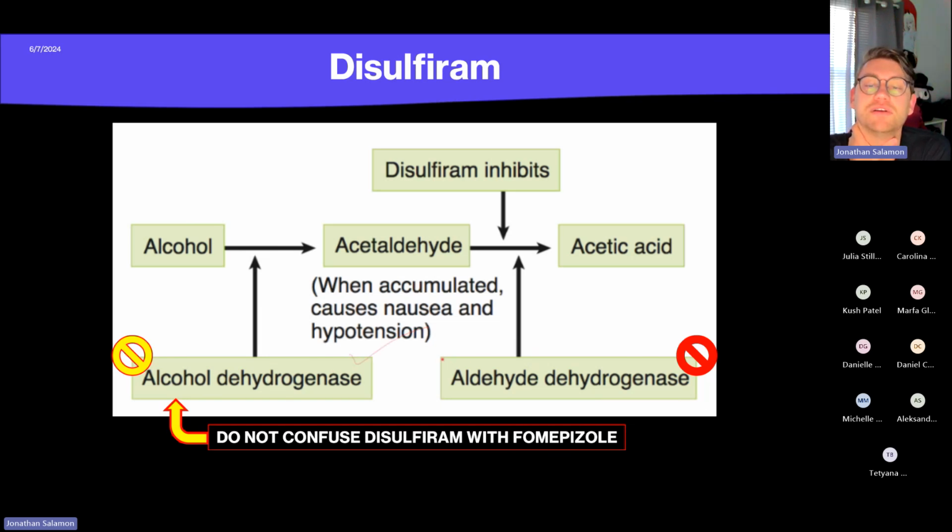Alcohol dehydrogenase inhibitor and aldehyde dehydrogenase inhibitor will both be answers. They're not going to look for you to say disulfiram or fomepizole. They're going to ask you to say alcohol dehydrogenase inhibitor or aldehyde dehydrogenase inhibitor, or they might ask for the accumulation of acetaldehyde. So it's really important not to mix these up.